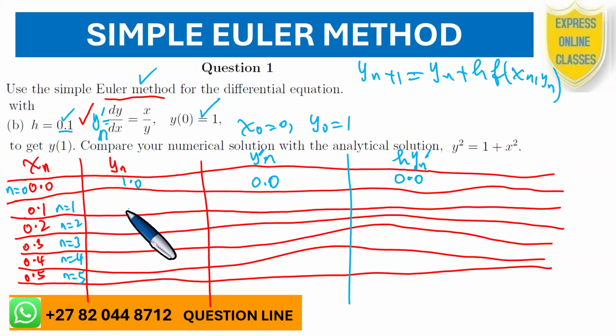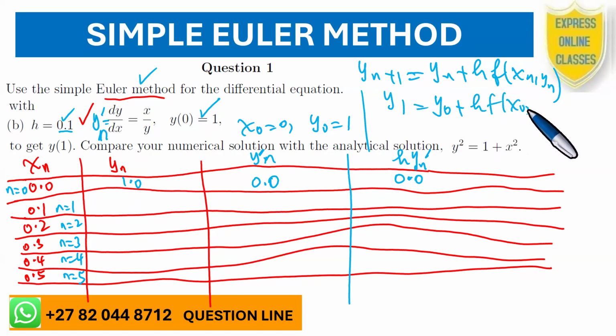Okay, we're practicing. This is exactly y0, which is 1. And then we need to get y1. The easiest way to get y1 is to say y1 is y0 plus h times f of x0, y0.